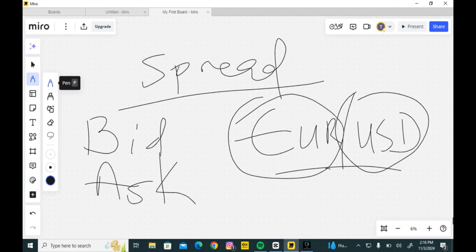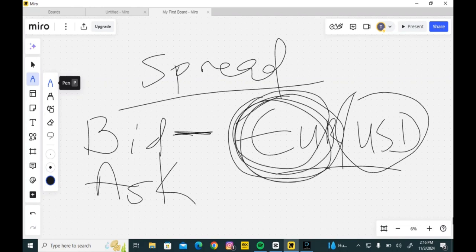So the bid price is the price at which you can sell the base currency, which is the euro. And the price at which you can buy this same currency, euro, is called the ask price. So that's what we call bid and ask.